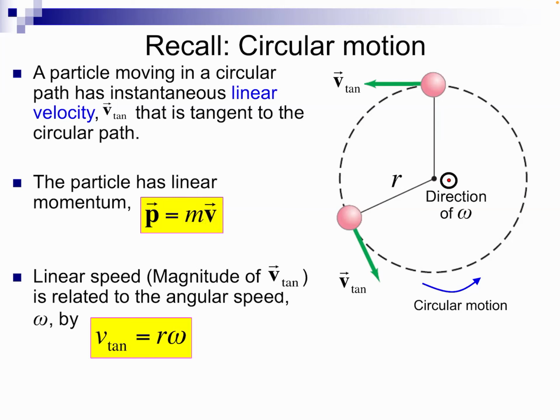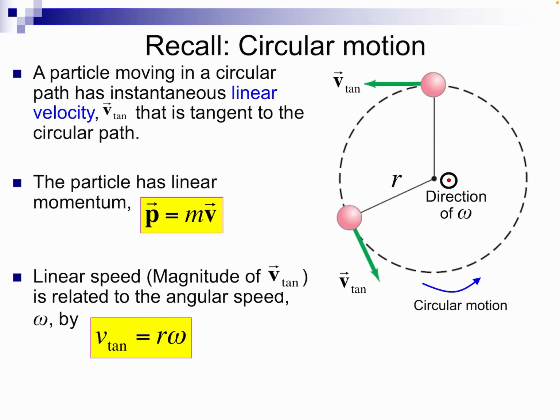We also learned that as the object is undergoing circular motion, it will have some angular velocity. The angular velocity is determined by using the right-hand rule. You curl your fingers in the direction of motion. In this case, the particle is moving in the anti-clockwise direction, like this.